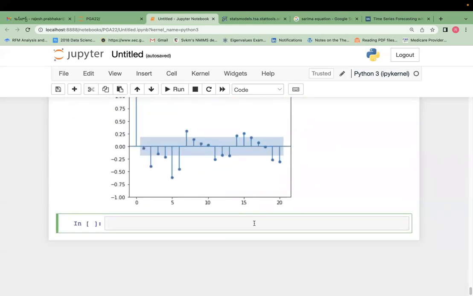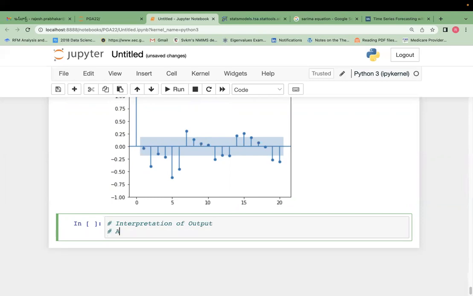Now, the interpretation of output. The primary metric is Akaike's information criterion, or the AIC. Lower is better. There is no fixed value for AIC, but the model that has the lowest AIC will be the best fit model.